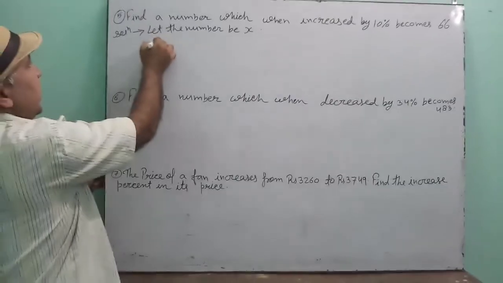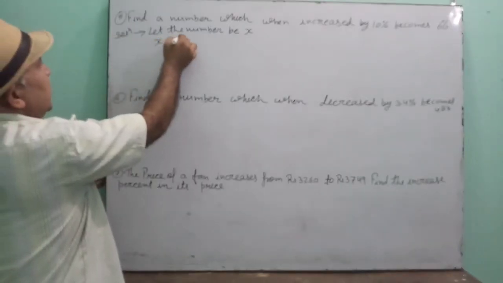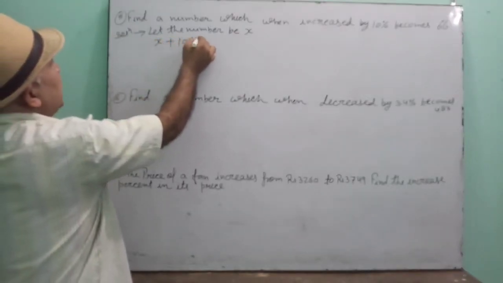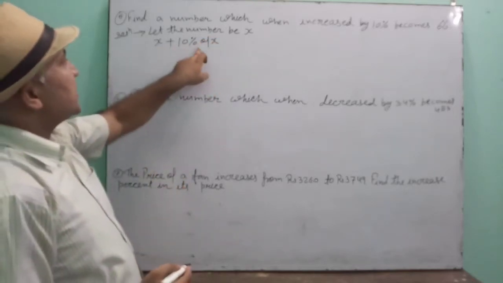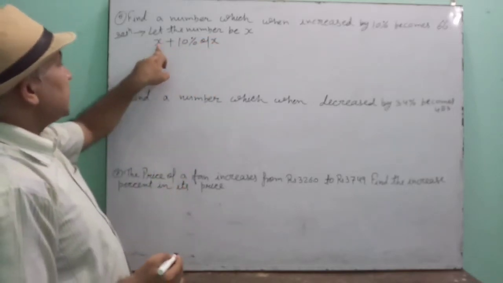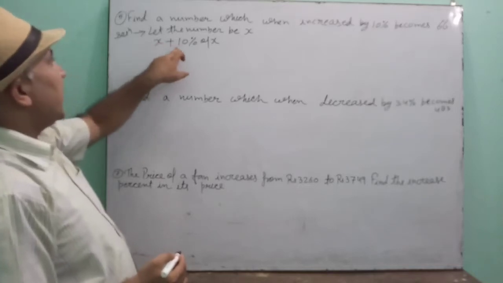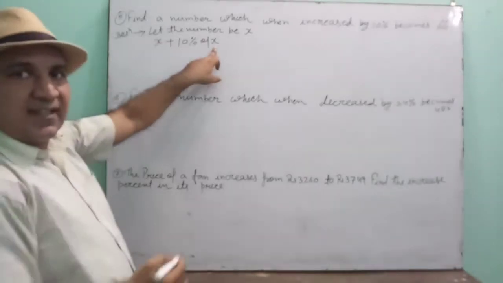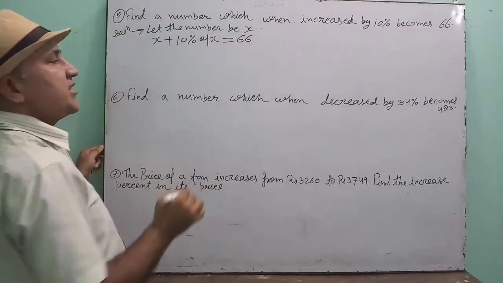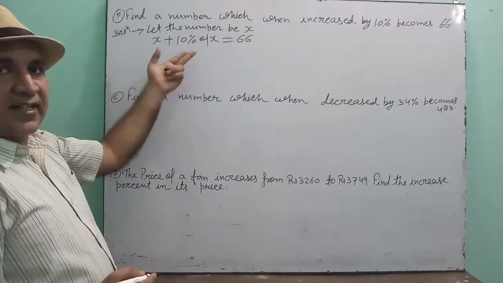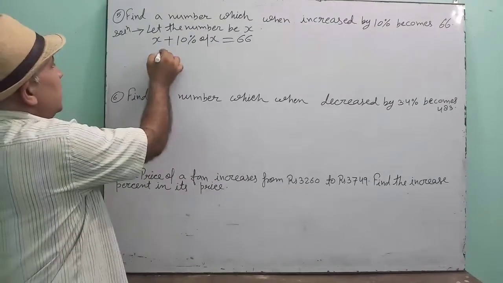Now the question is saying when the number is increased by 10%, that means x plus 10% of x, because the number is increased by 10% of itself and it becomes 66, which means equal to 66. Now your equation is ready. Solve and get your answer.